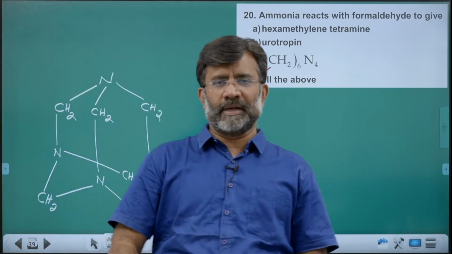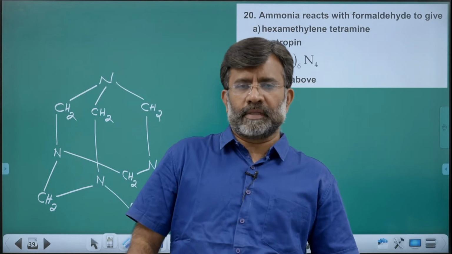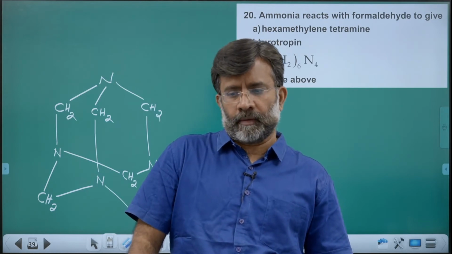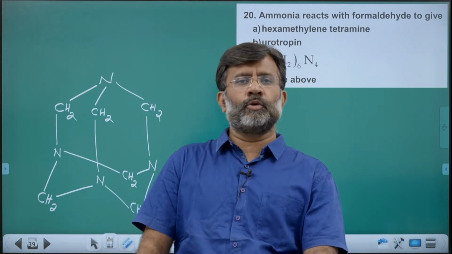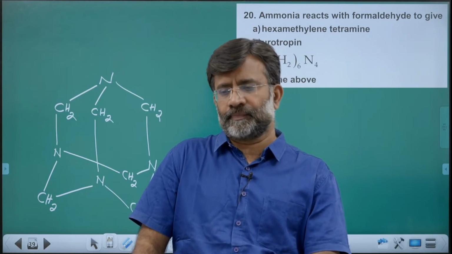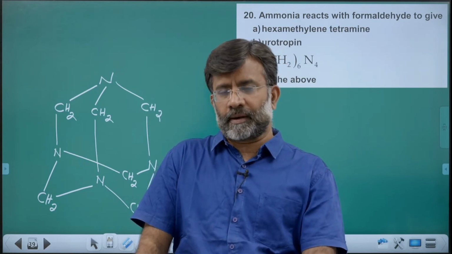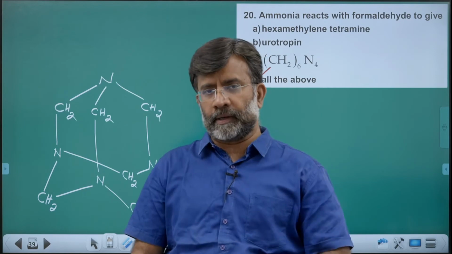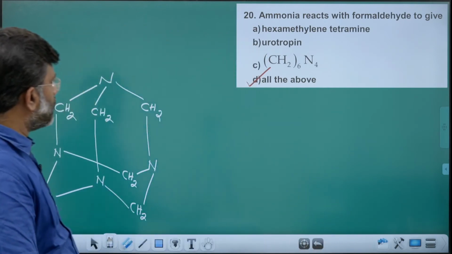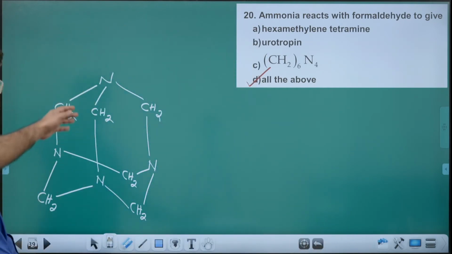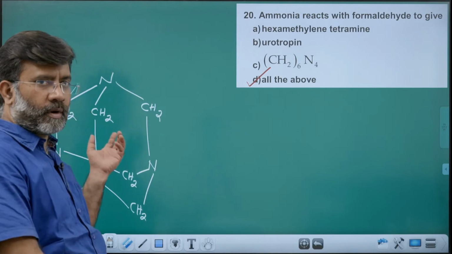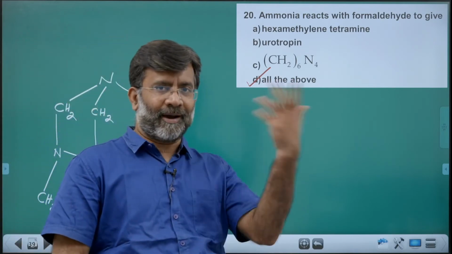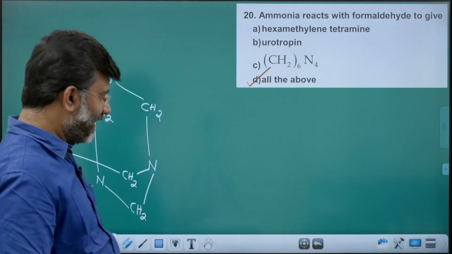Used as a medicinal substance related to urinary diseases, urinary problems, under the name urotropin. Answer is option D. This is obtained when formaldehyde reacts with ammonia. And the controlled nitration of this produces RDX. Next.